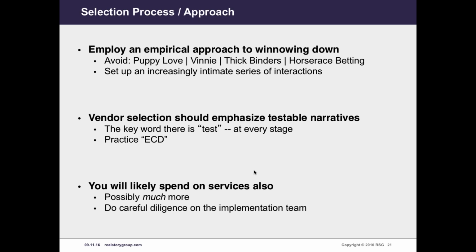The key thing there is really emphasizing testable narratives and practicing what we call ECD, which is our version of UCD, or user-centered design. Here we're talking about employee-centered design. In other words, really taking this from an employee's perspective, understanding what they want to do with what they can get out of this technology, and then moving forward from that perspective with personas and journeys and top tasks and that sort of thing.